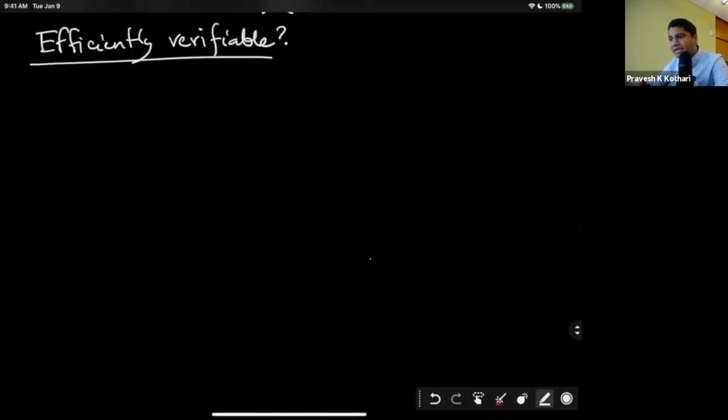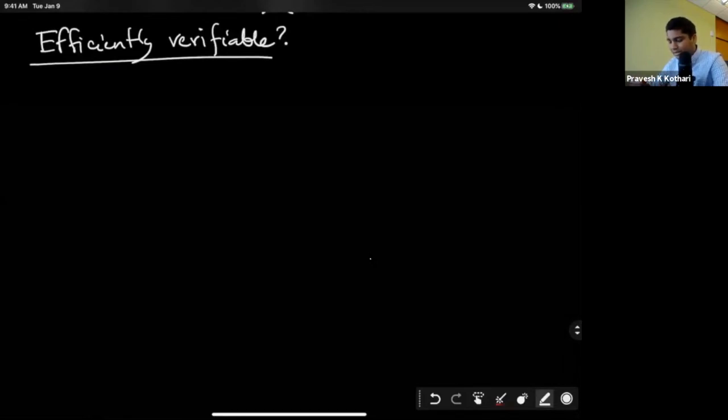If the certificate is going to be efficiently verifiable, and remember the notion of efficiency is polynomial time in the size of the input F. Okay, so we are looking for efficient algorithms where the running time is polynomial in the representation of F, for example, polynomial in the sum of the bit representations of the coefficients.